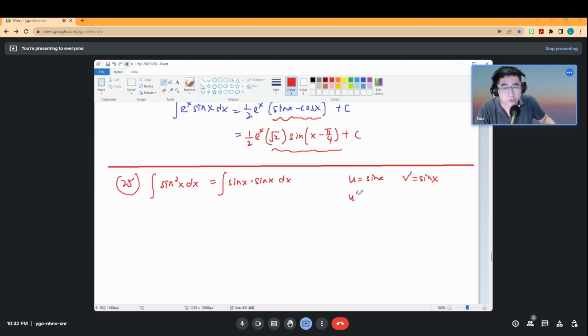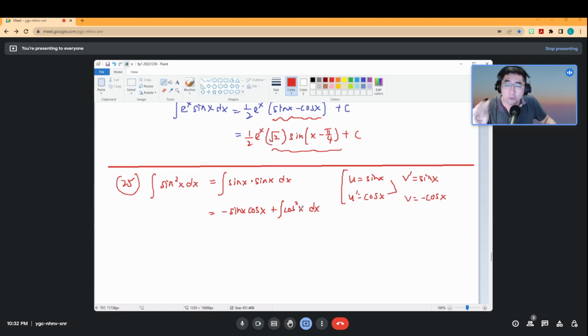I differentiate and have cos x, I integrate and have negative cos x. These two put together give negative sin x cos x. Over here, negative becomes plus cos squared x.